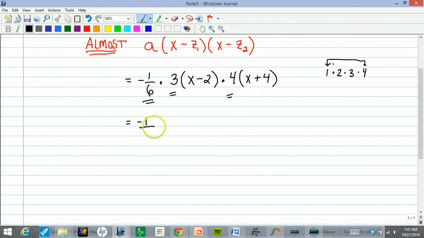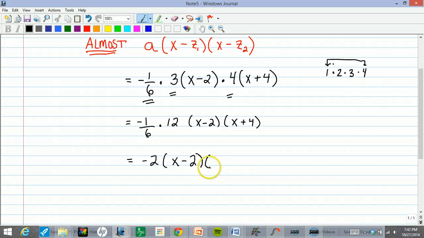Negative 1/6 times 3 times 4 is 12. Still got a little work to do, but nothing too bad. Negative 1/6 times 12 is negative 12/6, but negative 12 divided by 6 makes negative 2. And there we go. I think now we got it. Actually, I know we have it.